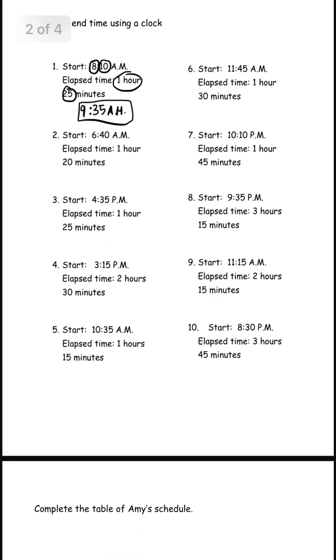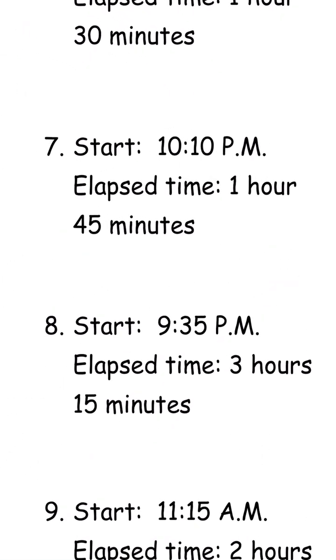So let's look at number 7. So for number 7, it says the start time is 10:10 p.m. and the elapsed time is 1 hour and 45 minutes. So we need to first add 45 to 10 the minute.